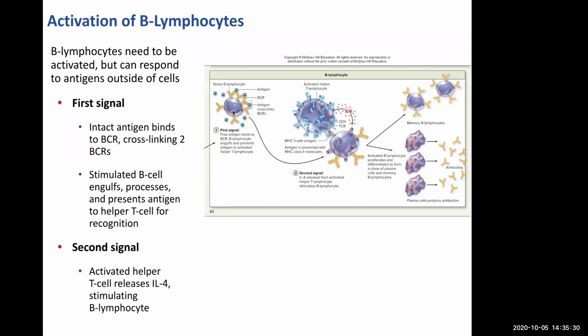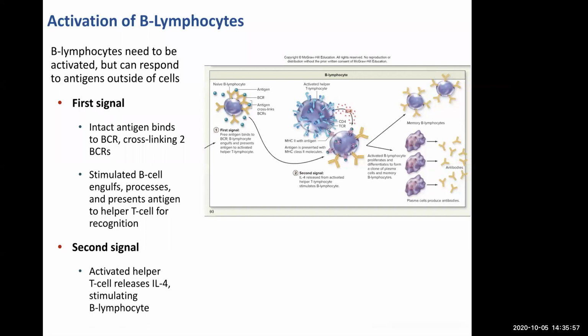And then what happens is, again, as I mentioned, when that happens, that B cell will engulf that antigen-antibody, or B cell receptor-antigen, complex. And then in order for the B cell to become fully activated, the second signal is the binding of the cytokine IL-4 onto IL-4 receptors on the surface of the B cell.